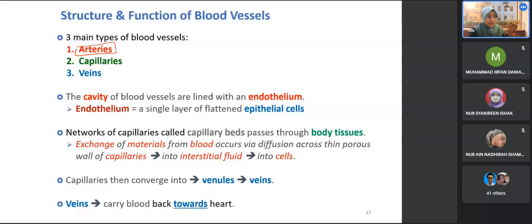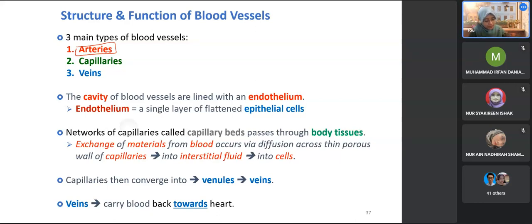Pulmonary artery carries oxygen poor blood. Kalau selama ni awak belajar, artery ni dia carry oxygen rich blood. Tapi kalau kita tengok tadi, pulmonary artery carries oxygen poor blood to the lung. Itu je artery yang akan carry oxygen poor blood. Okay, tapi most of it carries oxygen rich blood.